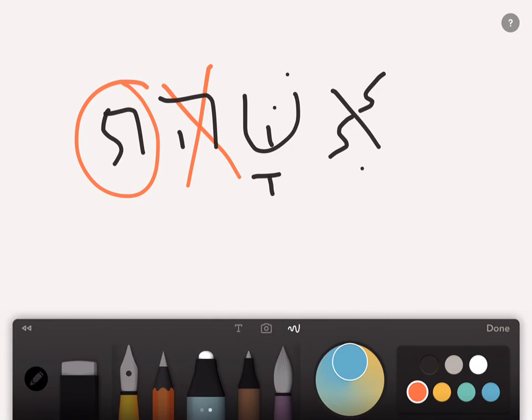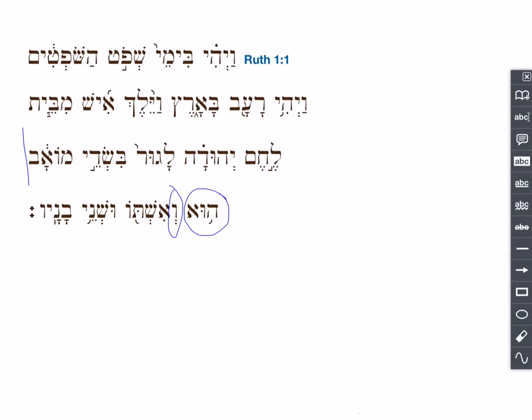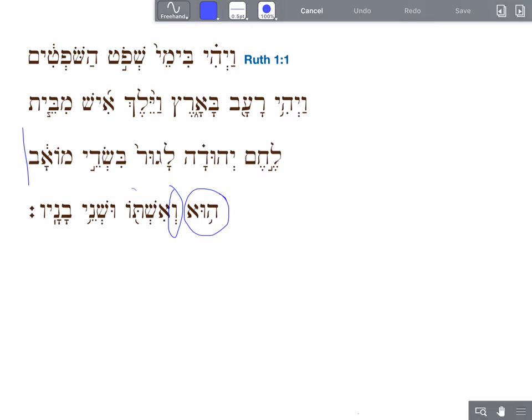Think of Jesus' teachings in the New Testament. So that clues us in that this is a feminine word, that tav. We also have our 3ms suffix. It's referring to the man, his wife.